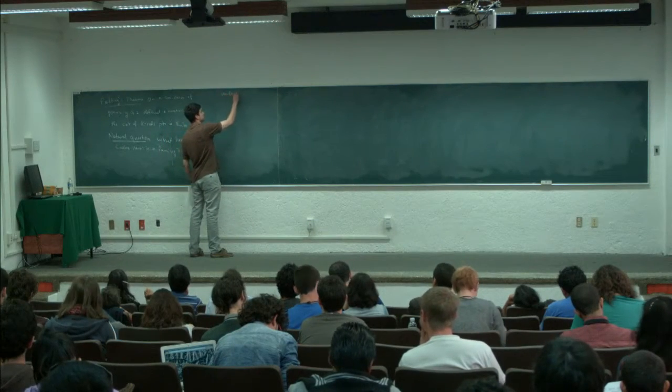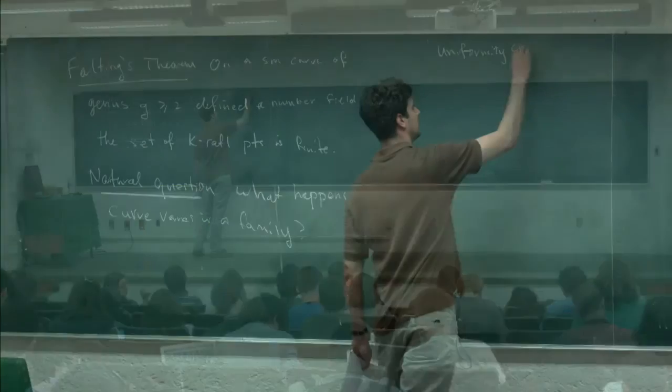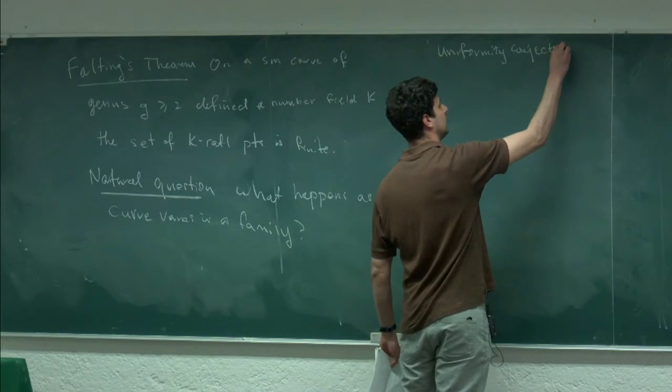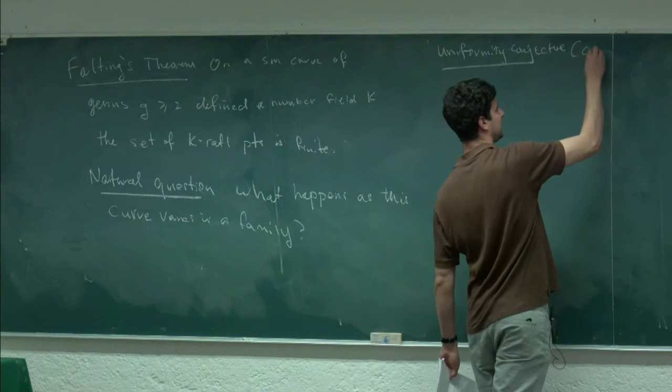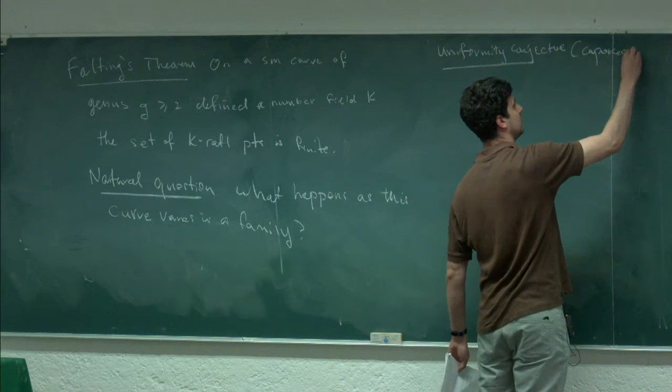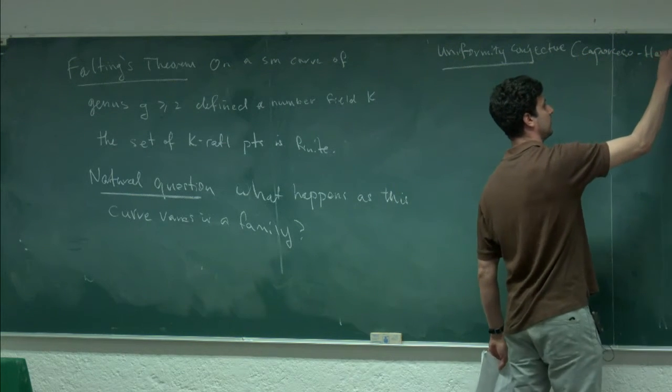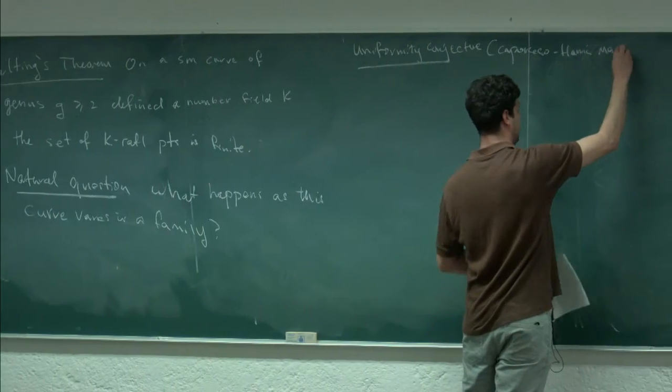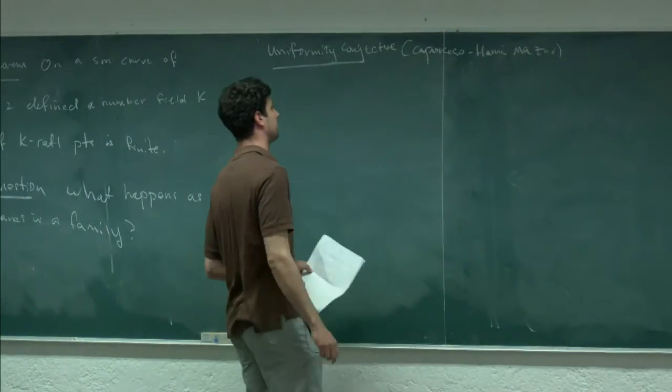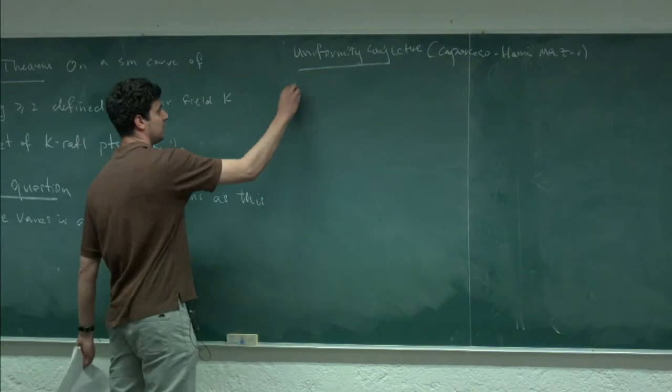So this was made precise in the uniformity conjecture of Caporaso, Harris, and Mazur. Okay. So let K be a number field.